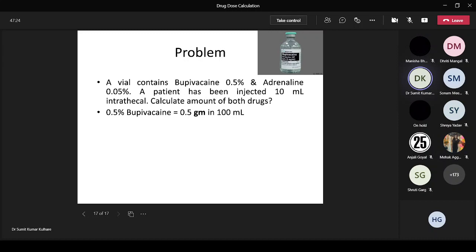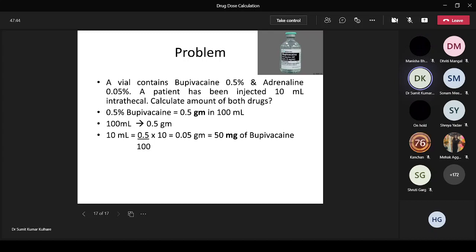As I told you, whenever the concentration is mentioned in percentage, it is always out of 100. 0.5% means 0.5 grams in 100 ml of solution. That means 100 ml contains 0.5 grams. Again, we'll put that value in our D = Q by H formula.